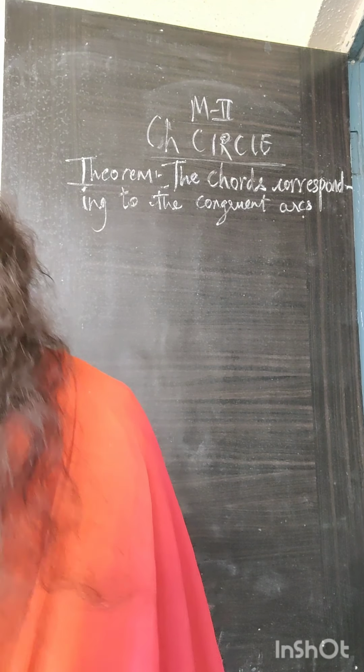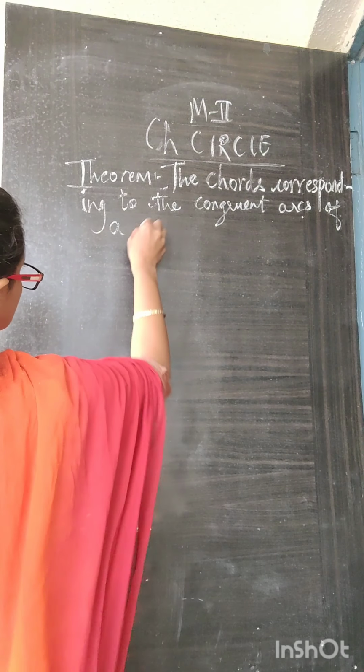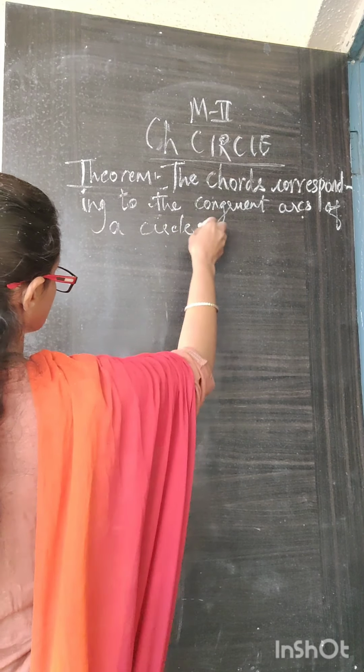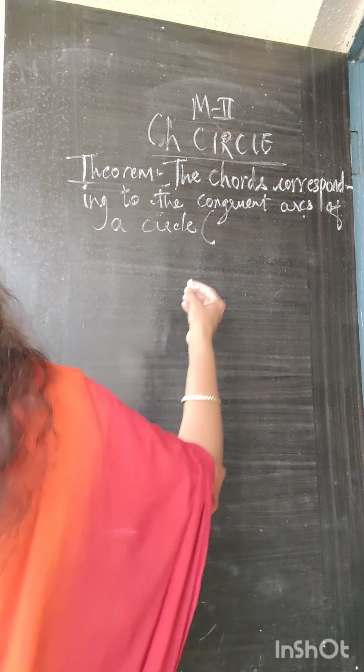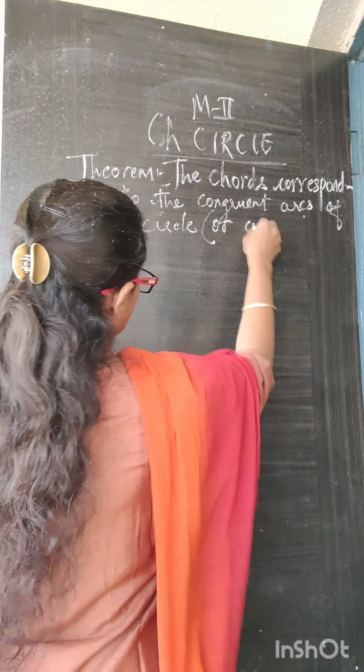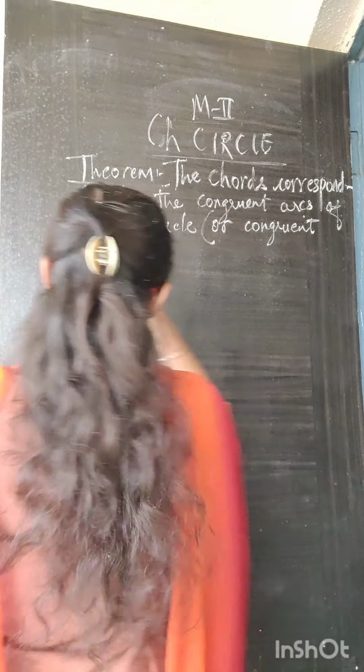The chords corresponding to congruent arcs of a circle, that is, of the same circle, or it can be two congruent circles.